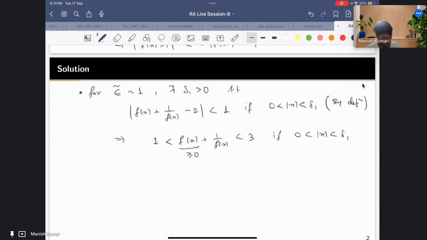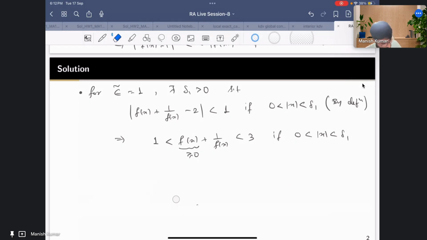Let me use this bound. 1 by f(x) is less than 3 minus f(x), but I'll get an upper bound from here and I need a lower bound. So 1 by f(x) is less than 3 minus f(x), and I know f(x) is, yeah, correct.